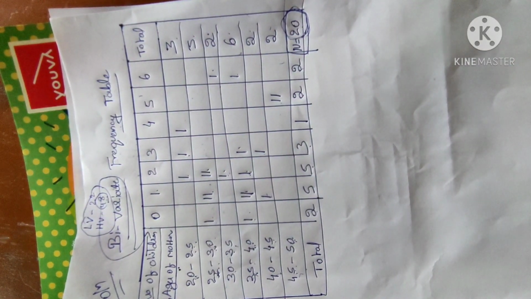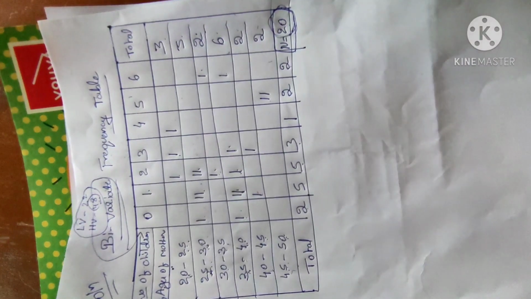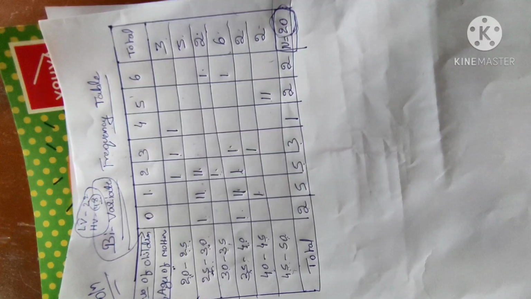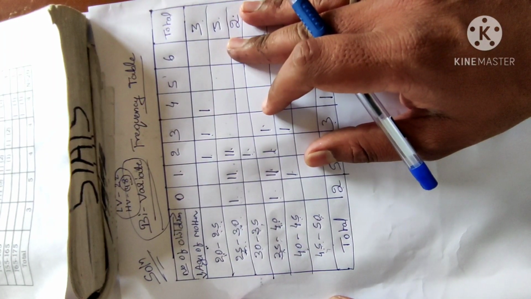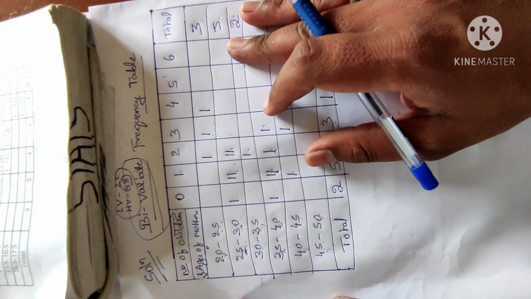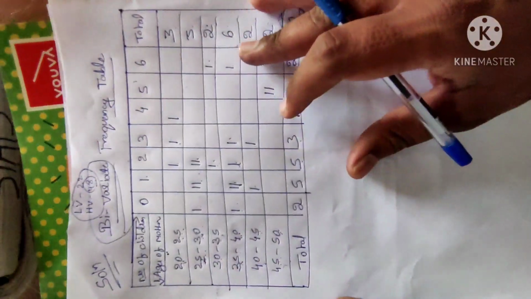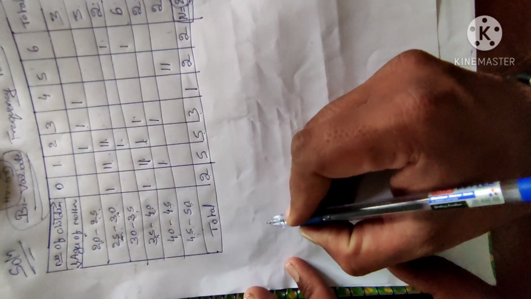Okay students, next we will go for another solution for this problem. How to convert this data in the form of a marginal frequency table of ages of mothers can be prepared as follows. So let us know how to convert bivariate data into individual form.